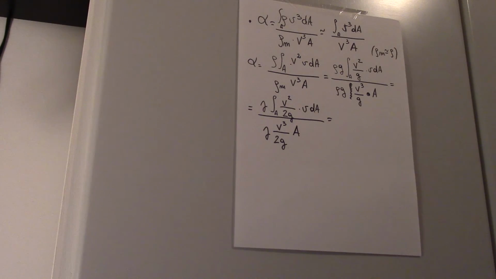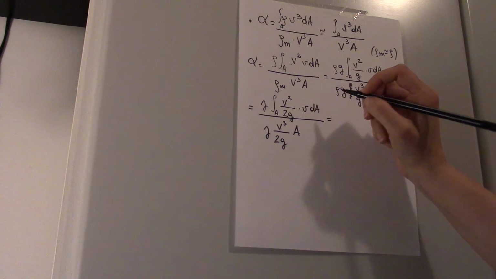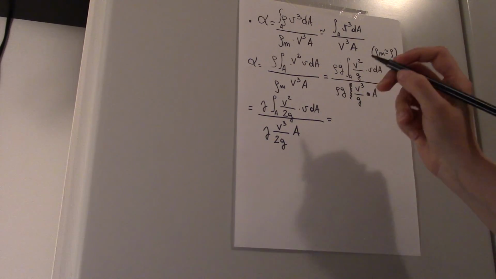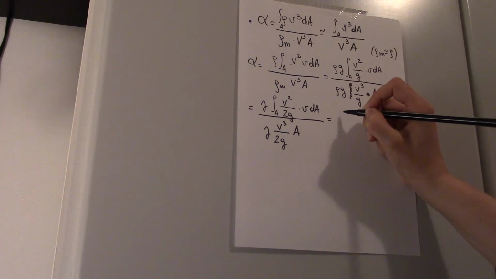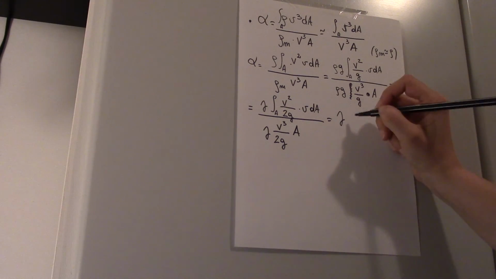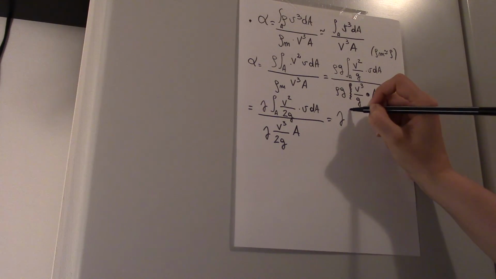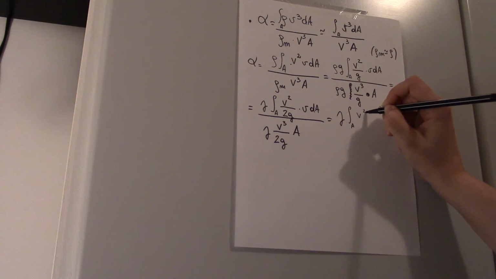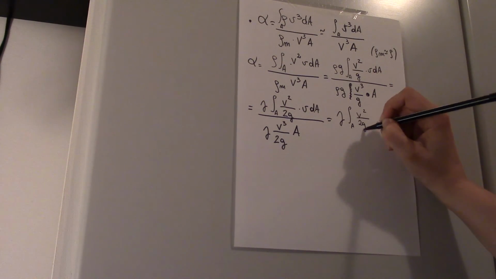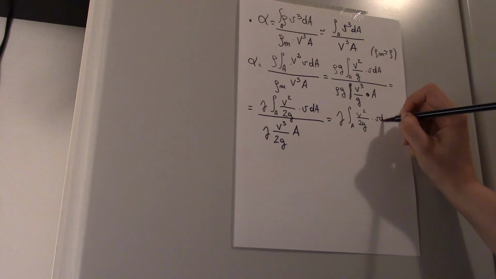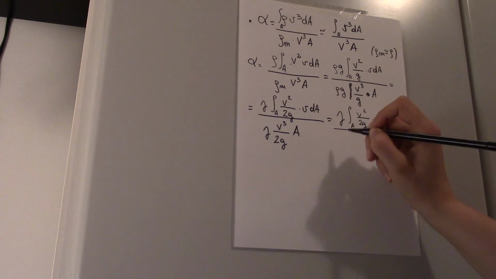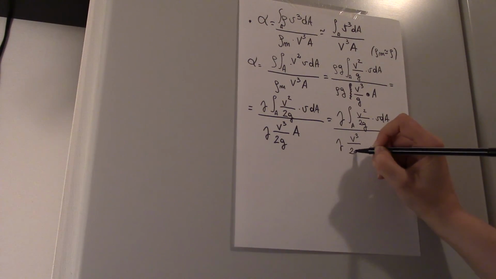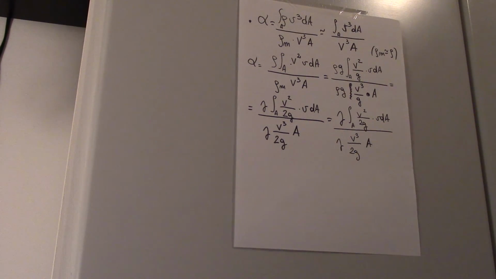It's another way to express it: the specific weight times the integral over the area of v to the power of 2 over 2g times v dA, over gamma v to the power of 3 over 2g times A.